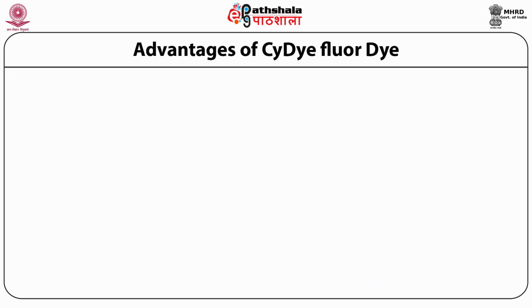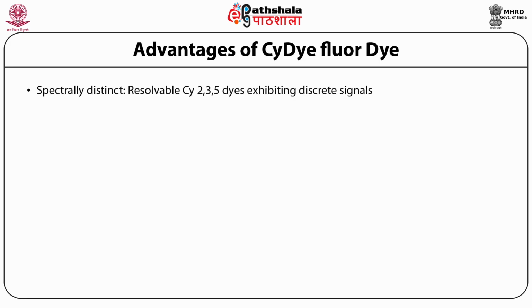Now, having understood about these cyanine dyes, we try to understand the advantages conferred by these cyanine dyes on the DIGE technique. First of all, these cyanine dyes are spectrally very distinct, which means the cyanine 2, cyanine 3 and cyanine 5 dyes have discrete signals after the scanning with the Typhoon scanner.